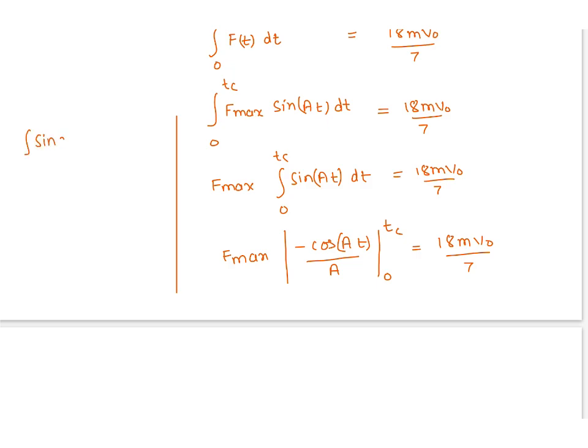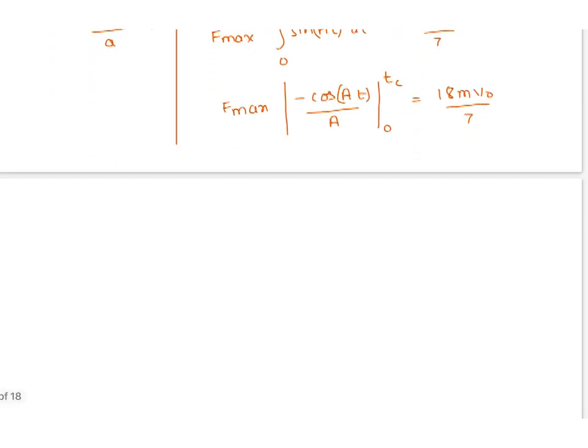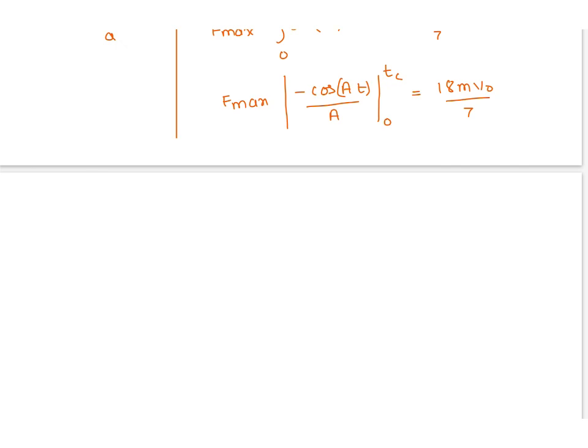Integration of sin(ax) dx is equal to minus cos(ax) divided by a plus some constant. But here we have applied a limit, so we don't require the constant. What you can do, you can change the limit with this negative sign. So Fmax and cos(at) by a, and the limit has been changed: this is 0, this is Tc, equal to 18 m v naught by 7.